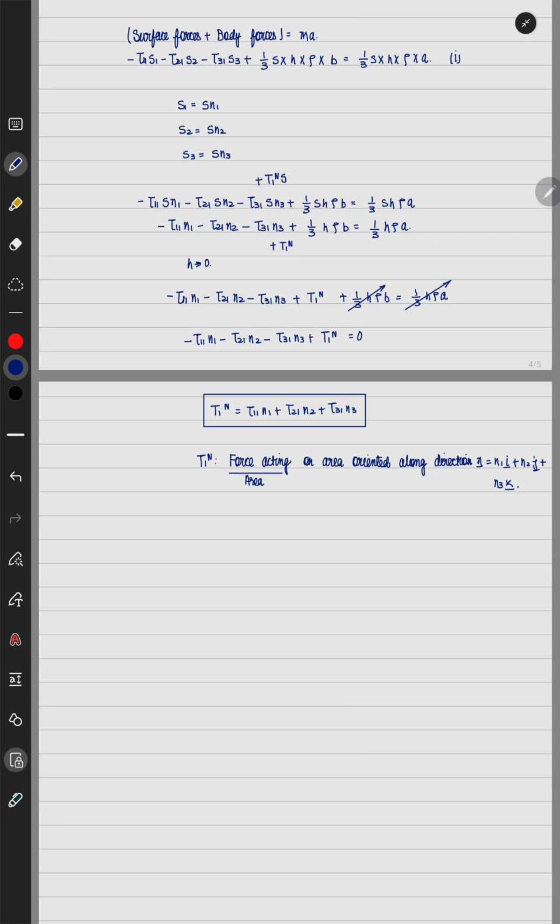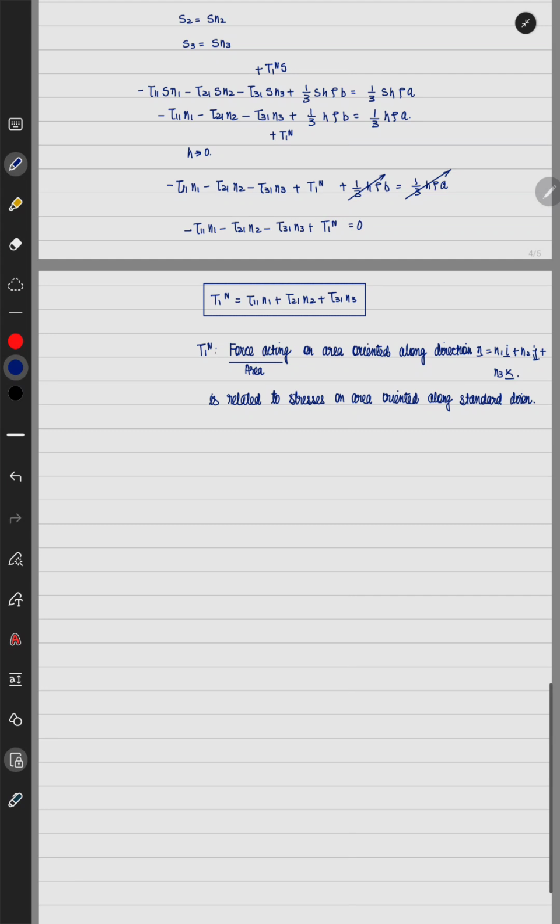Force acting on area along this direction is related to stresses on area oriented along standard directions. Okay, oriented along standard direction.